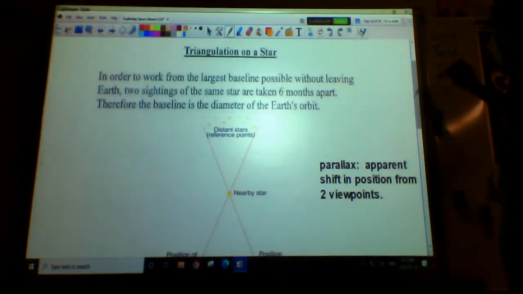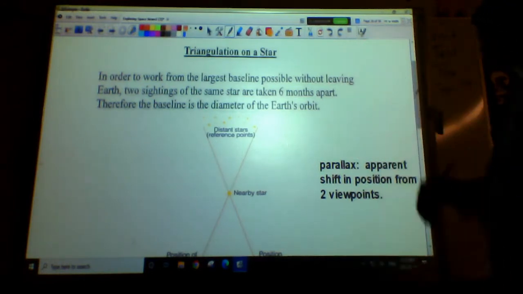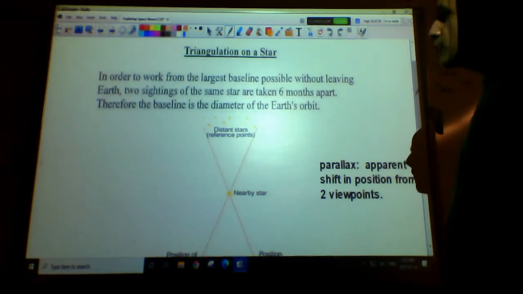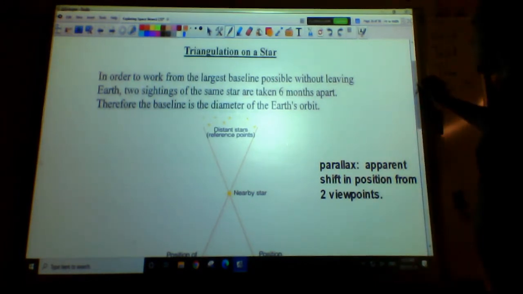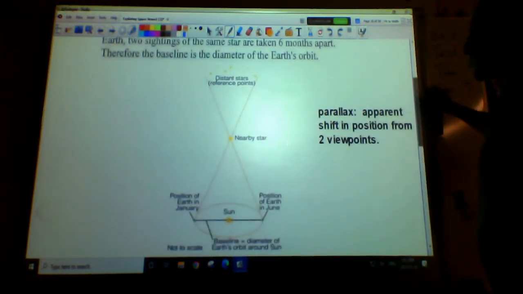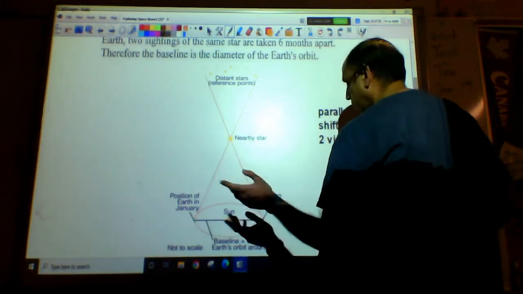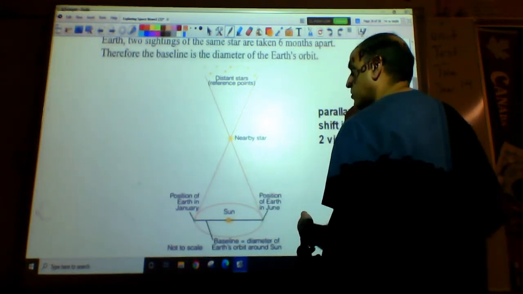Why does this work? It works because of parallax. In order to work from the largest possible baseline without leaving Earth, take two sightings of the same star 6 months apart, and therefore the baseline is the diameter of Earth's orbit. Here you can see, right? Take a measurement here in January, here in June, 6 months apart, whatever star it is.